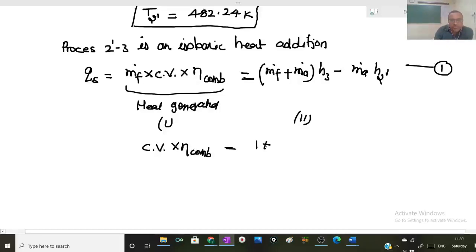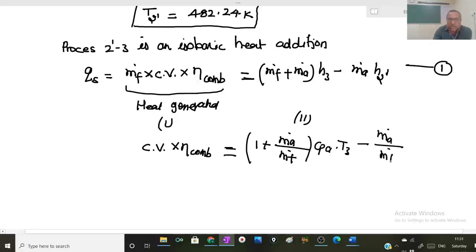So it will become 1 plus m dot A over m dot F, and convert H3 in terms of temperature, CpA into T3, minus m dot A over m dot F into CpA into T2 dash.